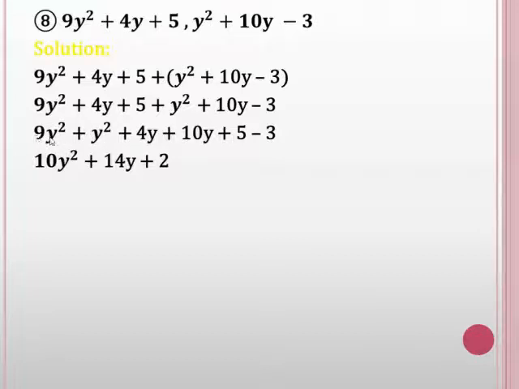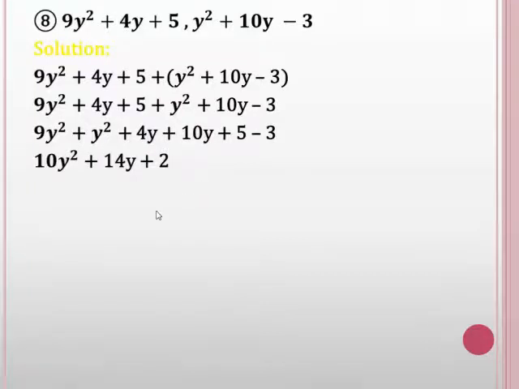Okay student, as you see, this term has the coefficient 9, but this y square term has a coefficient which is not seen here, but we consider that one is carrying here. So we add 9 plus 1, so we get 10y square, plus 4 plus 10y means 14y, plus 5 plus minus 3 is equal to 2. Okay, this is a constant, so it has no variable here.